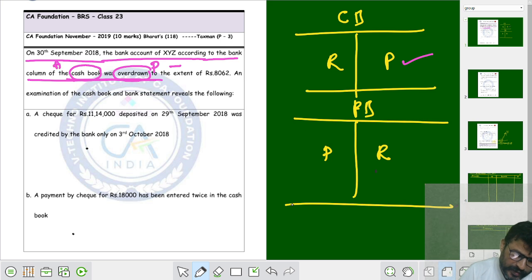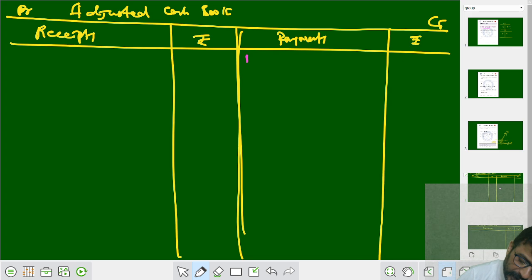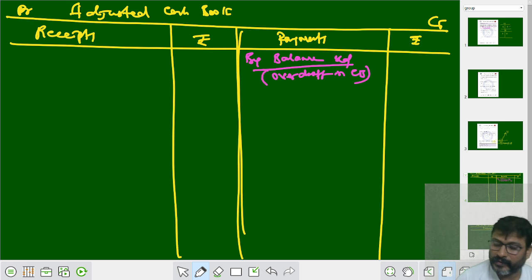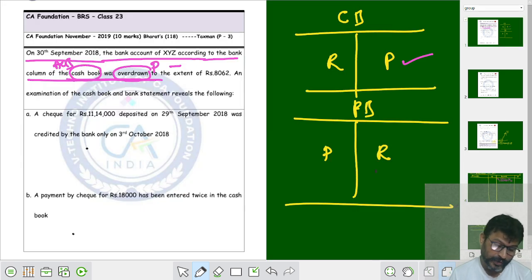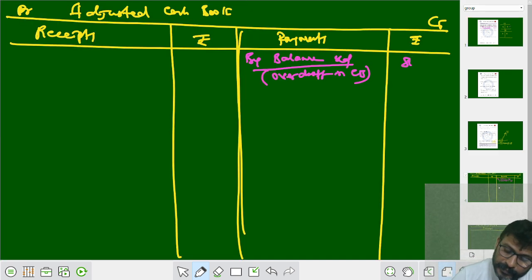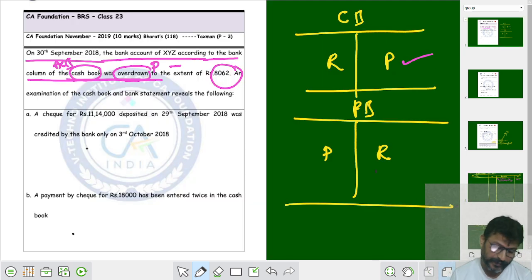So when it is the cash book, it comes in ACB. So in the ACB, we have to write by balance brought down, that is, overdraft in cash book. How much is it? An amount of rupees 8,062. Am I right?